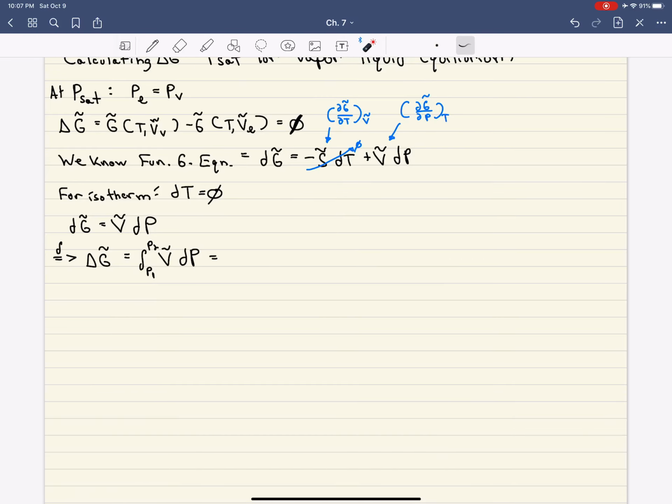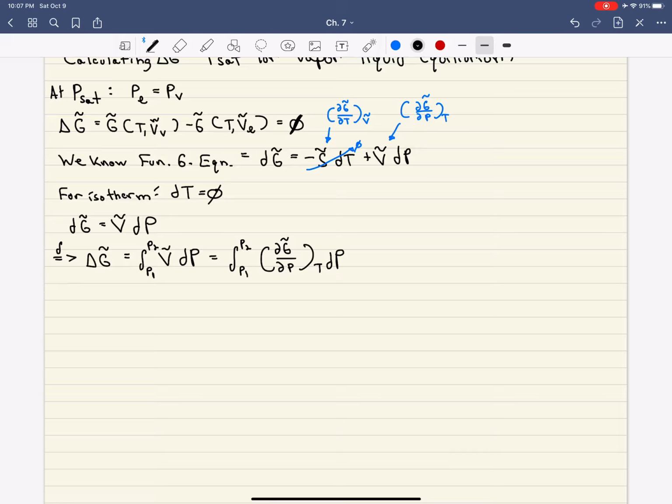And if we tried plugging in the partial derivative there, we would have an equation that looks like this. Okay. All right.